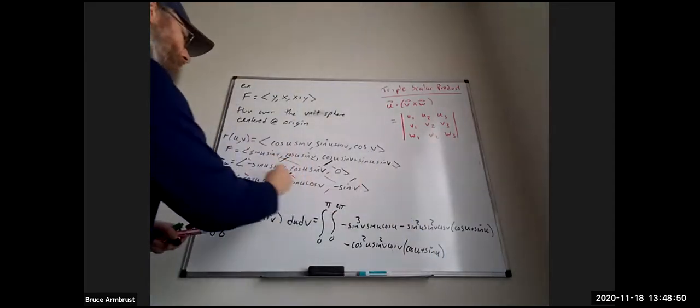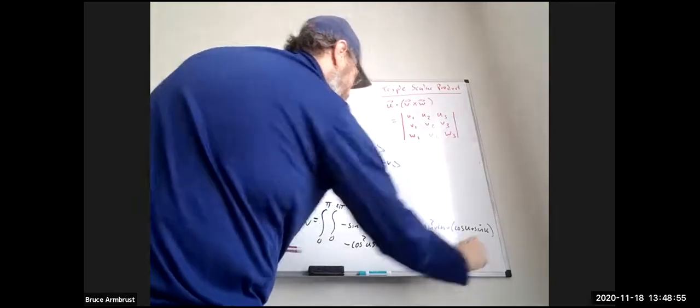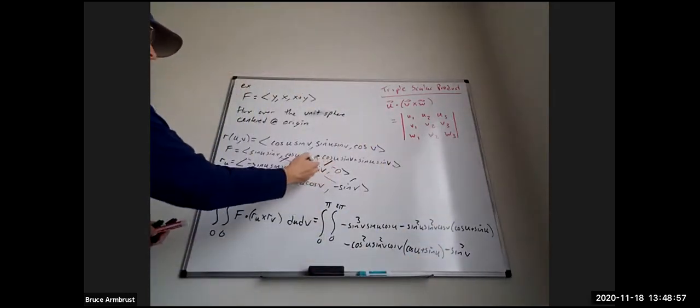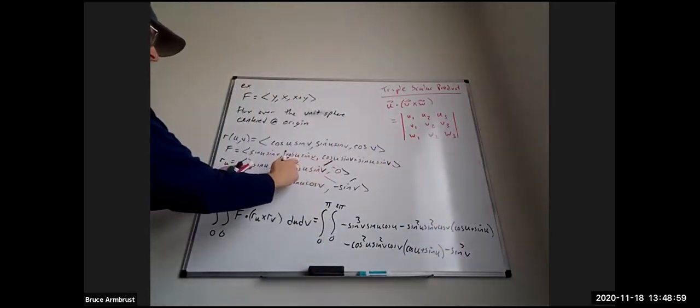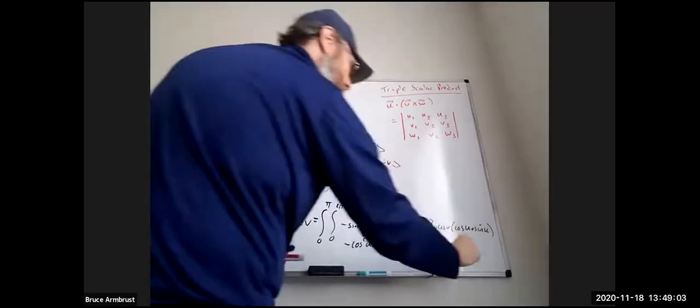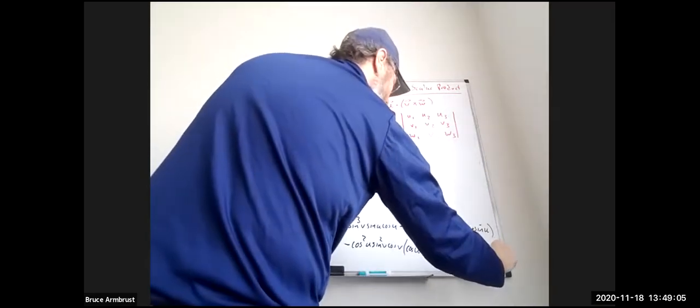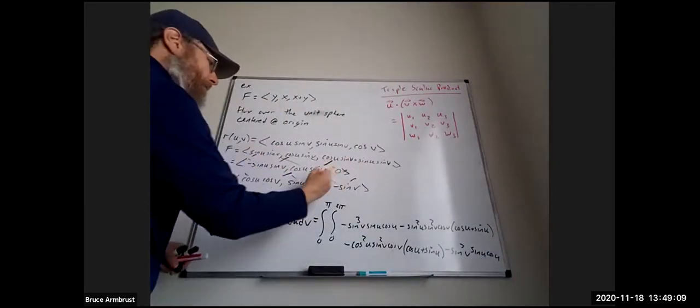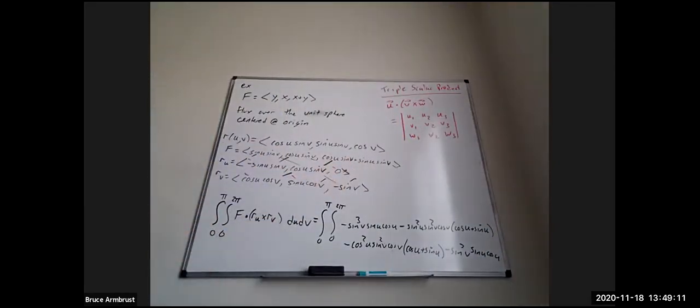And then I'm going to get a minus sine cubed v sine u cosine u. And then another minus 0.